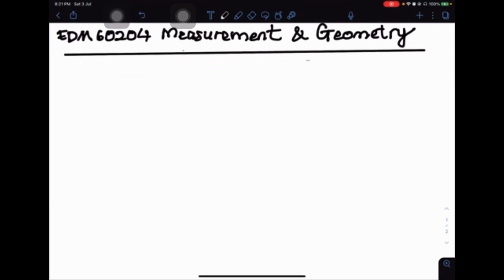Okay, so we can divide this revision into two parts.